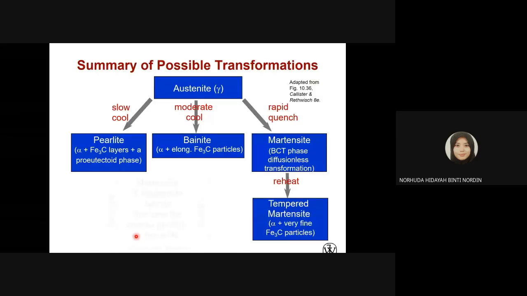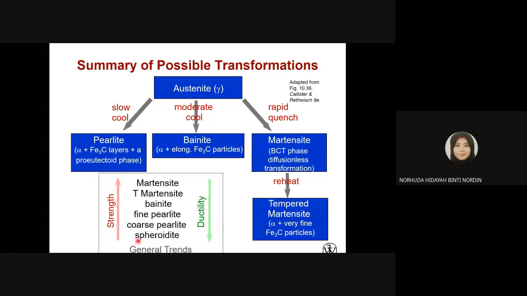The softest phase is spheroidite. The hardest phase is martensite. Bainite has moderate strength. Fine pearlite is much stronger than coarse pearlite.